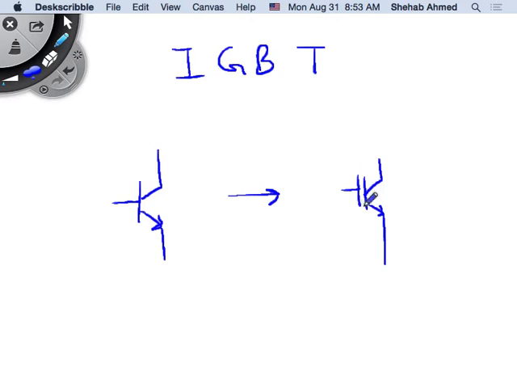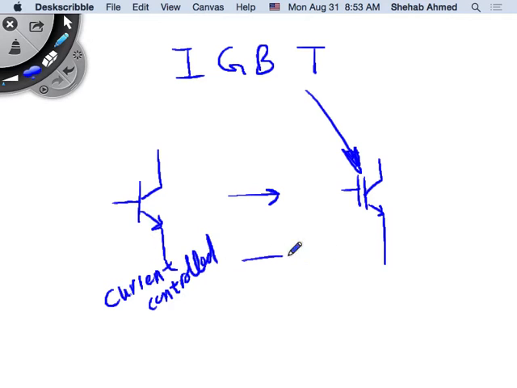This looks like what? Like the MOSFET's input gate, right? So that's what this IGBT is. So they took a current-controlled BJT device and converted it to a voltage-controlled device.